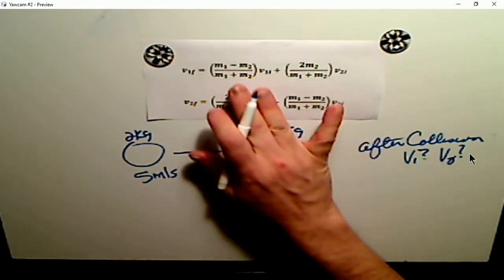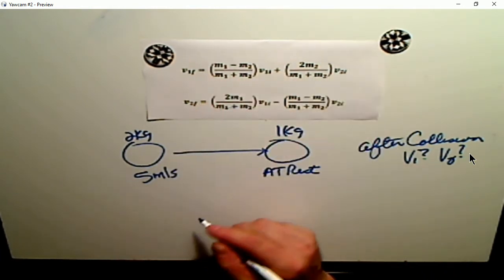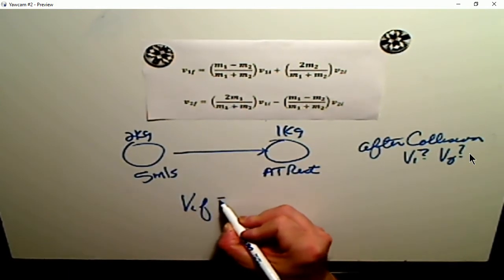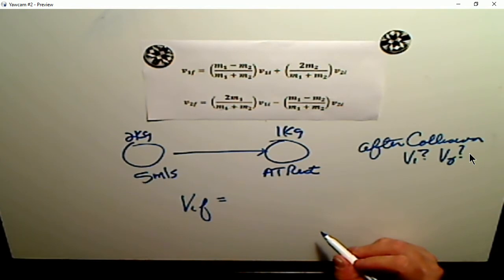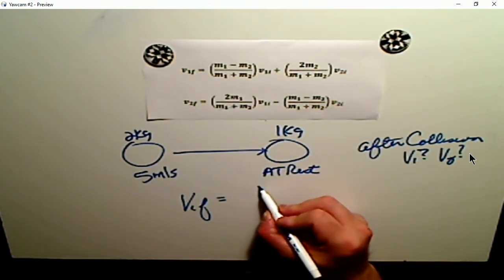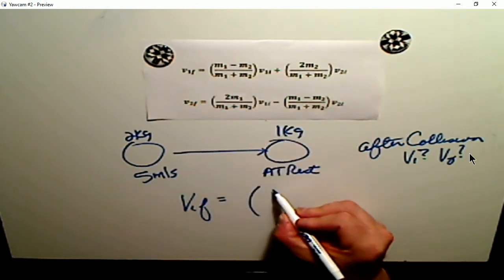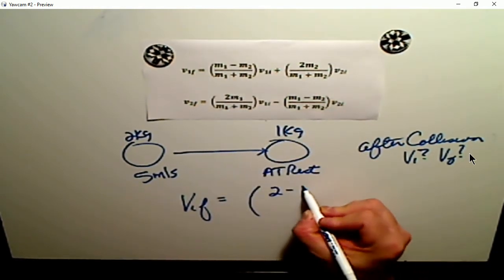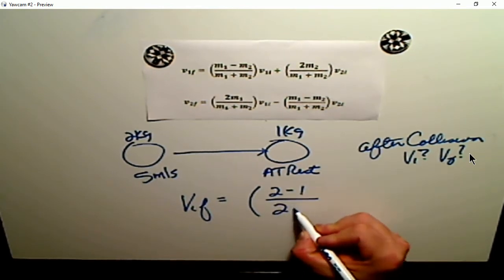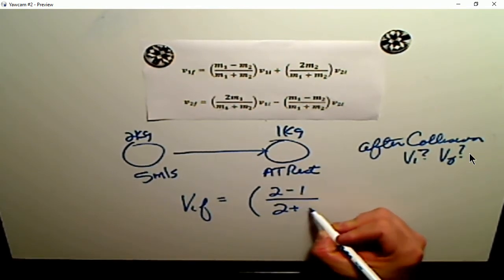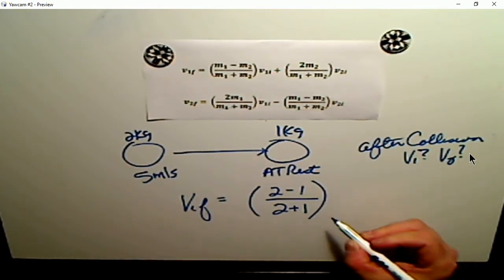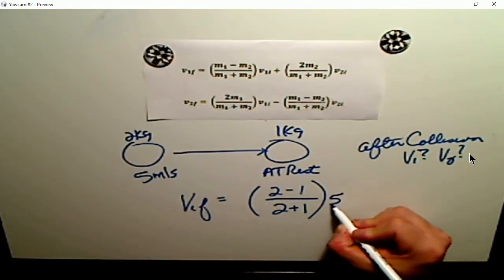Well, we can use this equation here. So the velocity of ball 1 final is equal to the mass of ball 1, 2, minus the mass of ball 2, over the mass of ball 1 plus the mass of ball 2, times 5.